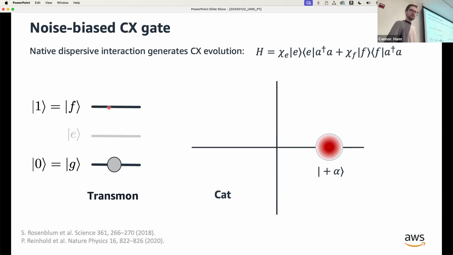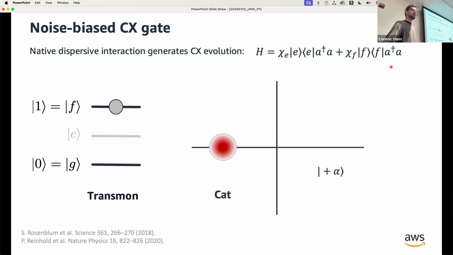So in the case where the transmon is in G, if we look at this Hamiltonian, it acts trivially, and so the system doesn't evolve, it just stays as it is. However, in contrast, if the transmon is in the state F, this term in the Hamiltonian is going to induce the cat mode to rotate in phase space at a rate chi. And so it'll evolve like this.